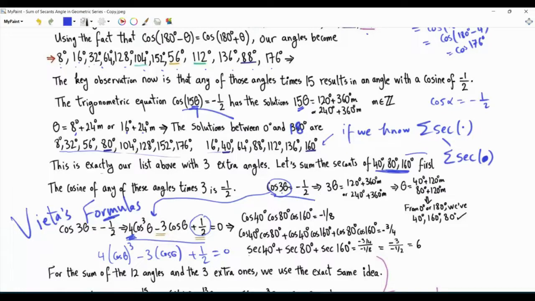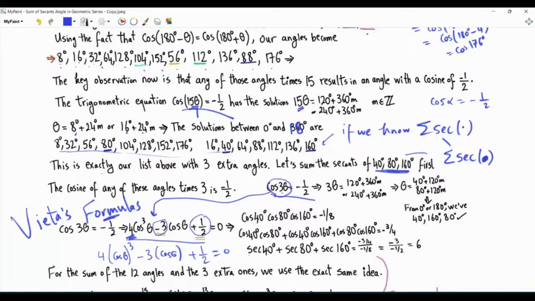What else can we say? Well, this coefficient here, which is minus 3, if we divide by 4, will give us the roots multiplied pairwise. So minus 3 over 4 will give us cosine 40 times cosine 80 plus cosine 40 times cosine 160 degrees plus cosine 80 degrees times cosine 160 degrees.